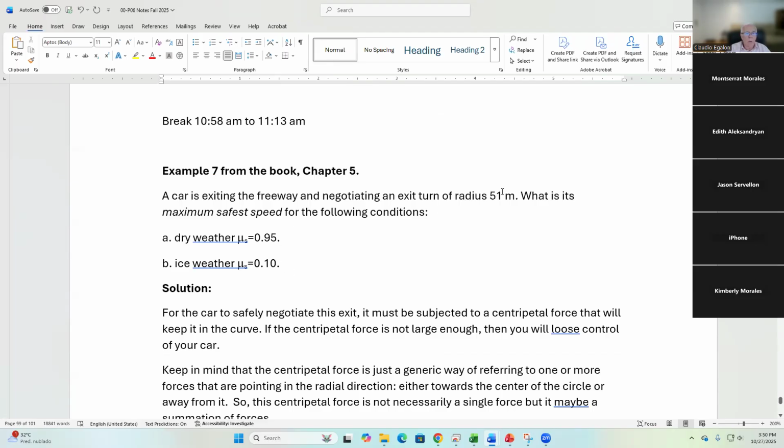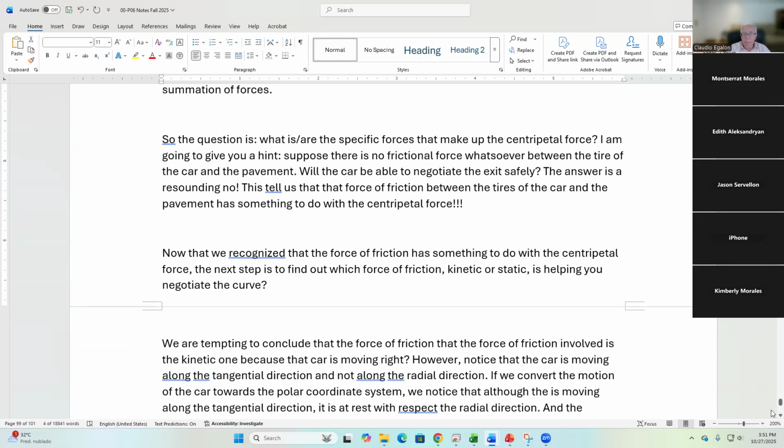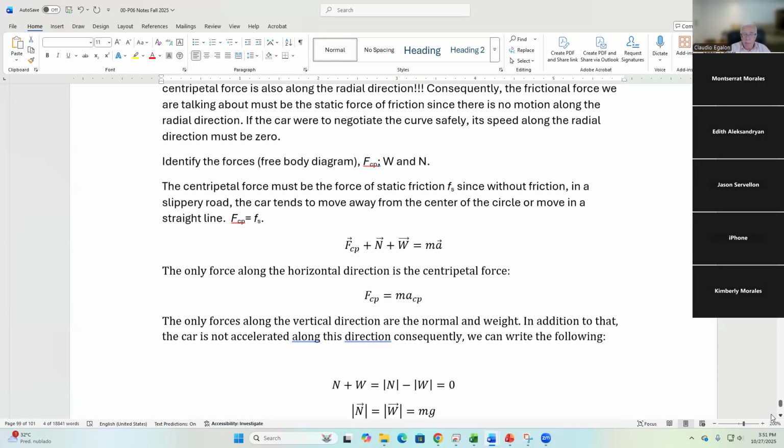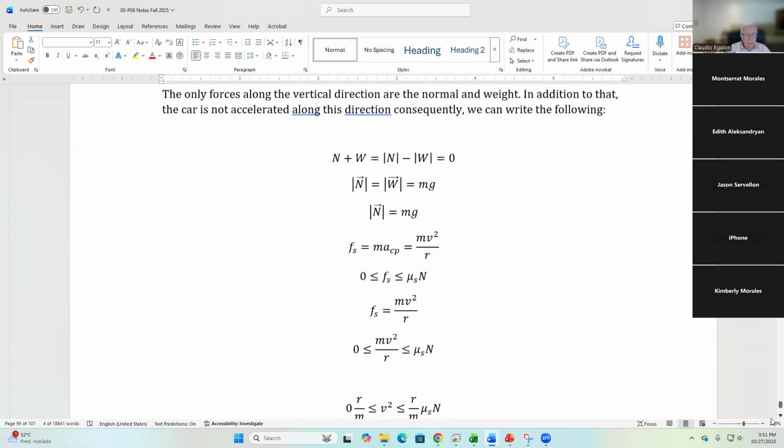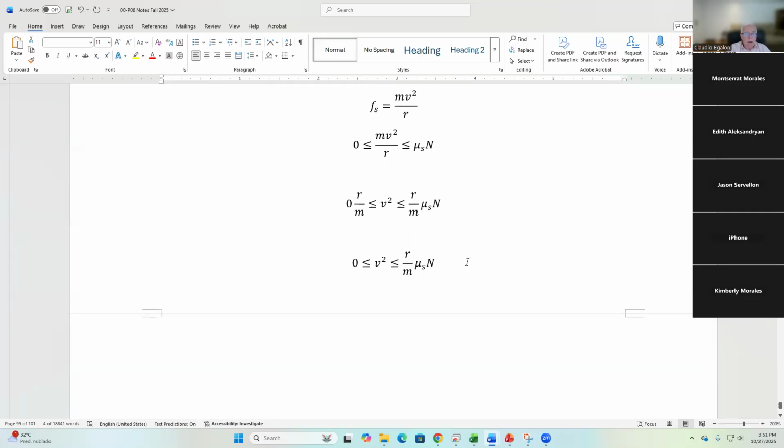It told you only the radius of the curve and the coefficient of static friction under two different conditions, dry weather and icy weather. It doesn't have the mass, but that's not a problem, because the normal can be rewritten in terms of mg, and the mass disappears from our solution.